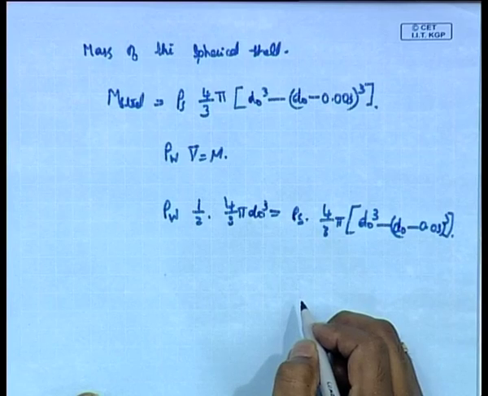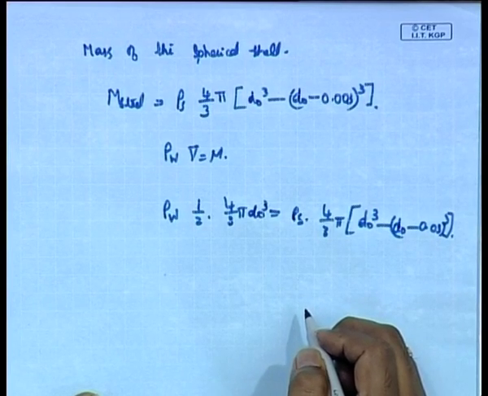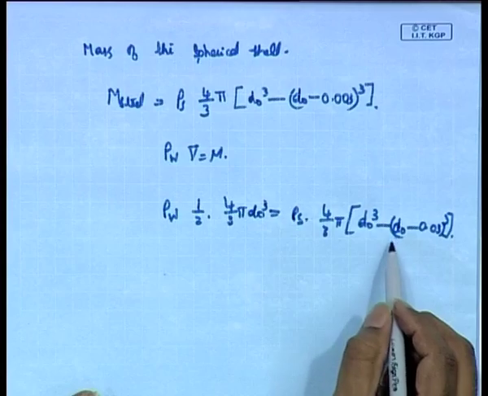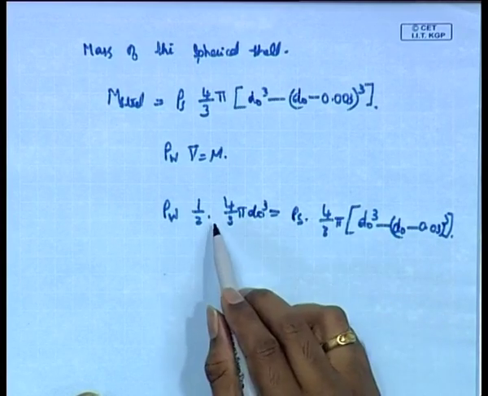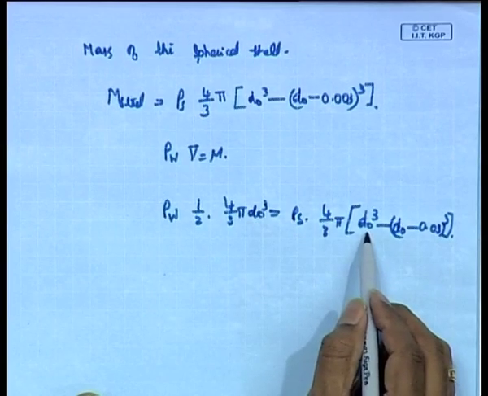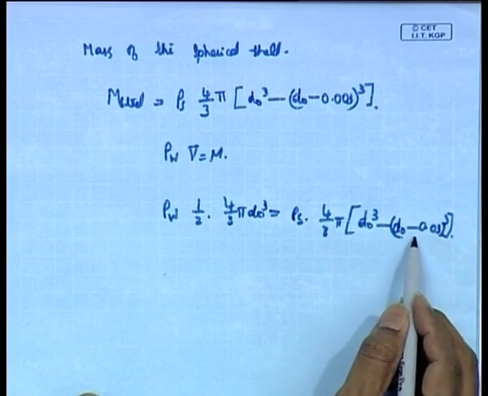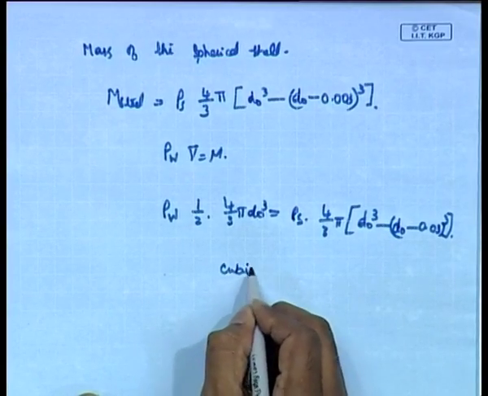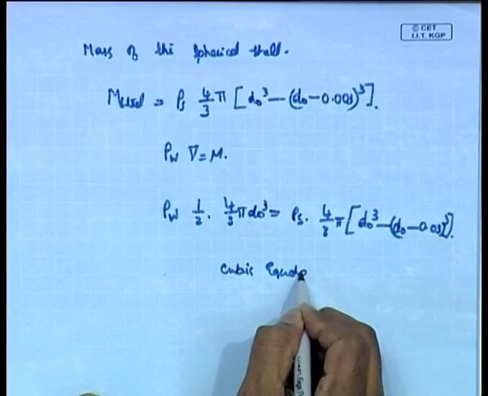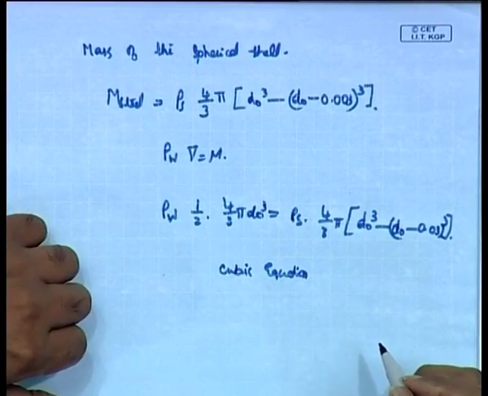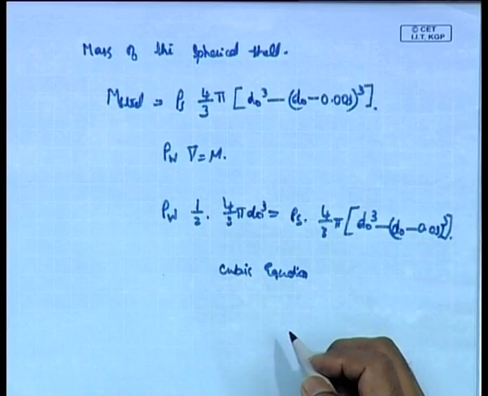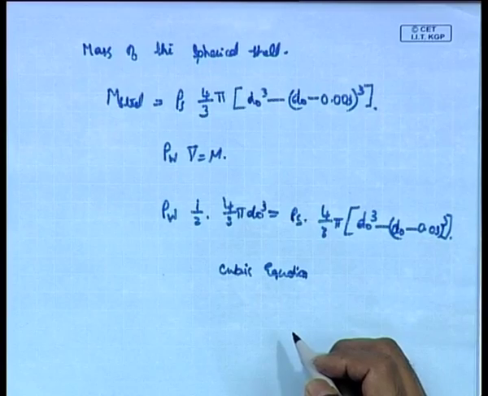So this gives you the formula, and when you do this you will get a cubic equation. When you solve that, you will get the value of d0. So, that will give you the condition that is required for the body to float in this fashion, as we have just said.